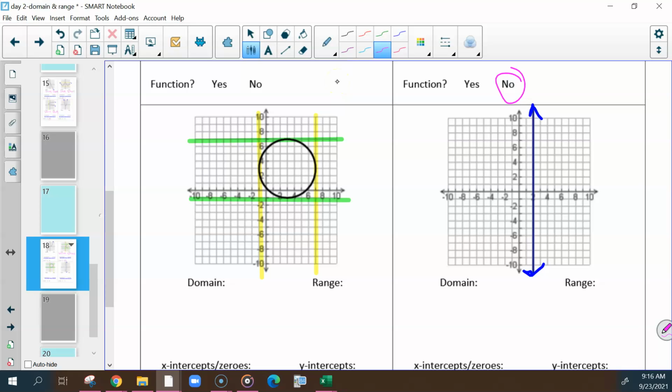Because it doesn't have arrows, I know it won't continue on forever and ever. What is your furthest point to the left? -1. And your furthest point to the right? 7. Yeah, it is 7.